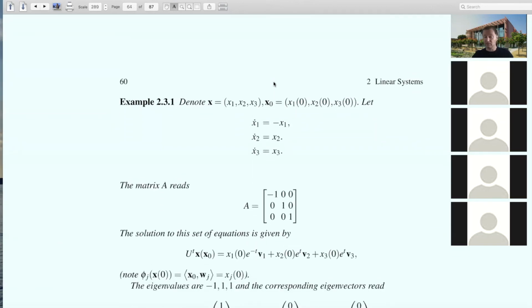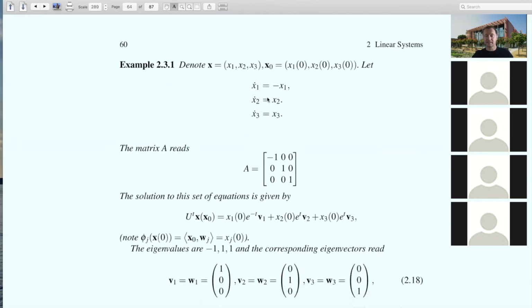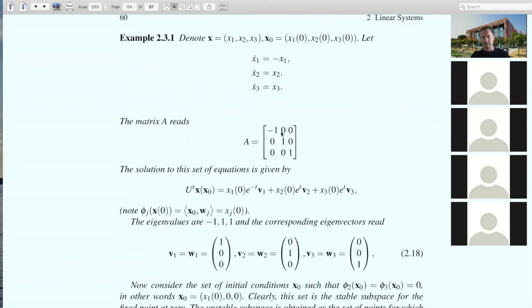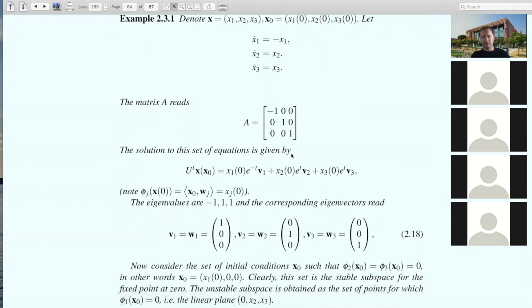Okay, here is a simple example. Let's consider the system x1 dot is minus x1, x2 dot is x2, and x3 dot is x3. The matrix A is diagonal. Minus 1, 1, and 1 are obviously the eigenvalues.